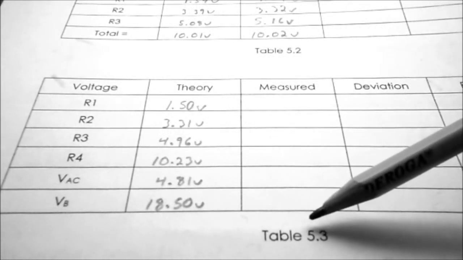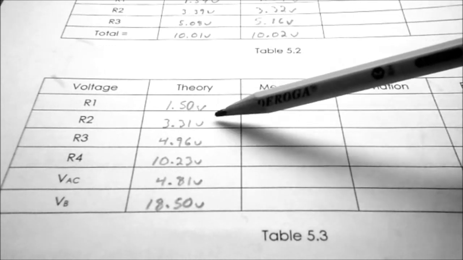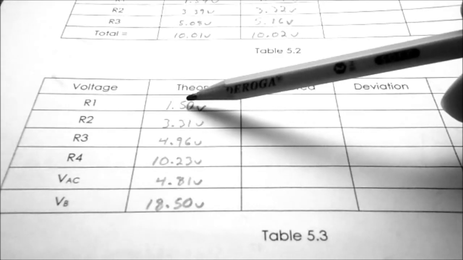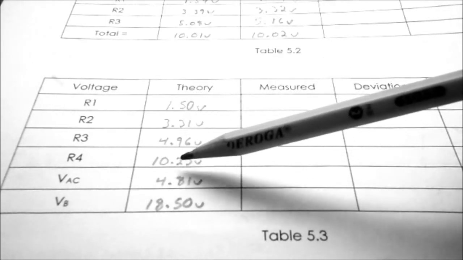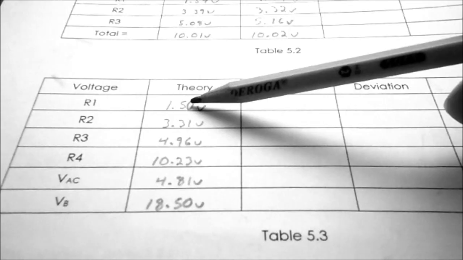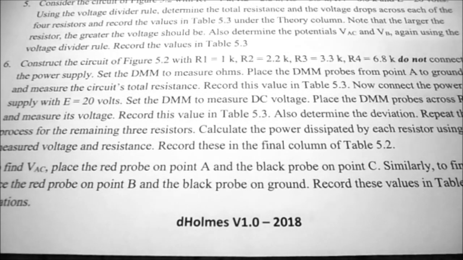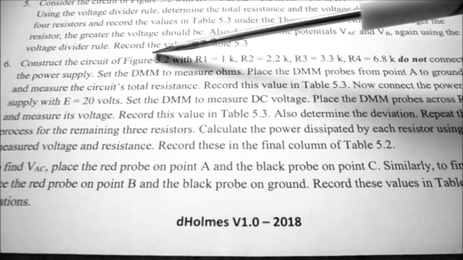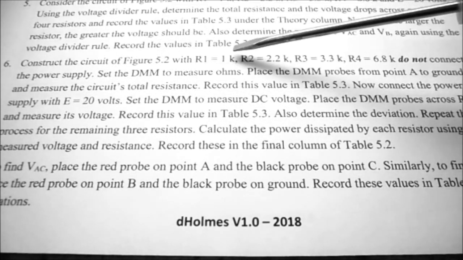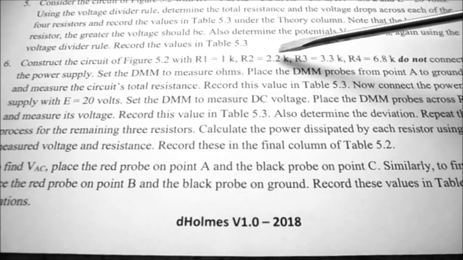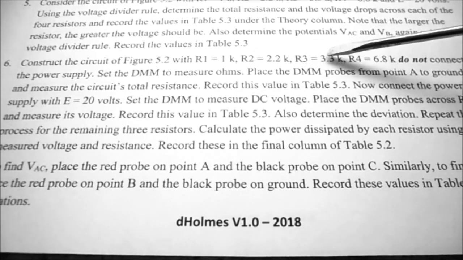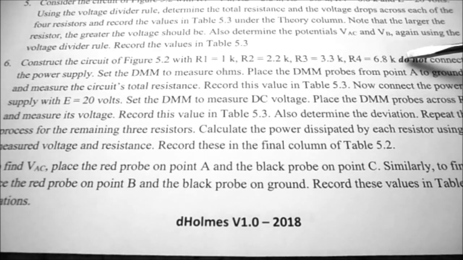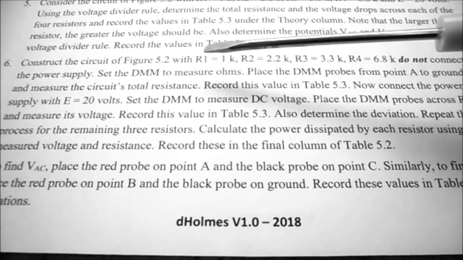So in table 5.3, I've entered all my calculations under theory. I try to keep all my numbers to 2 decimal points just for consistency. So under procedure, step 6, we're going to construct the circuit of figure 5.2 with R1 equal 1K, R2 equal 2.2K, R3 equal 3.3K, and R4 equals 6.8K, but do not connect the power supply.